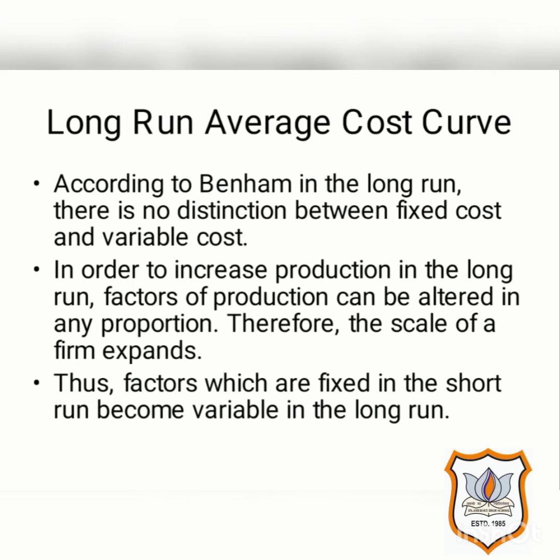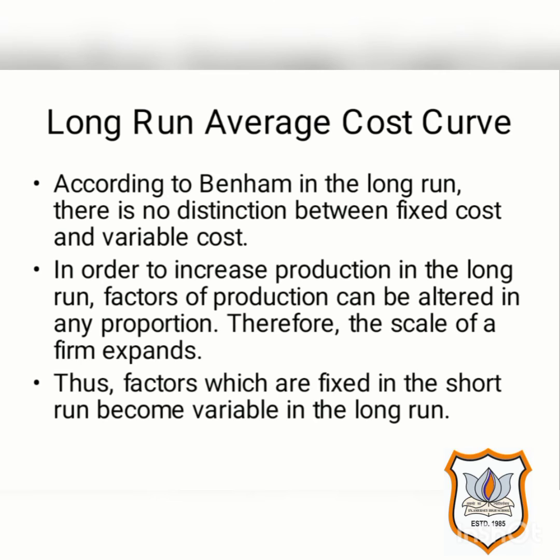So in order to increase production in the long run, factors of production can be altered in any proportion, and therefore the scale of a firm expands. So in a long run period of time, all the factors of production may be altered. Say for example machinery, plant, building, all these can be altered, and therefore with this production can be increased.